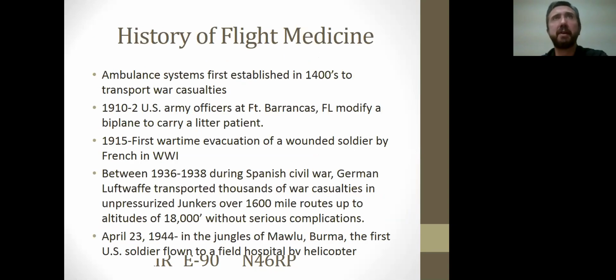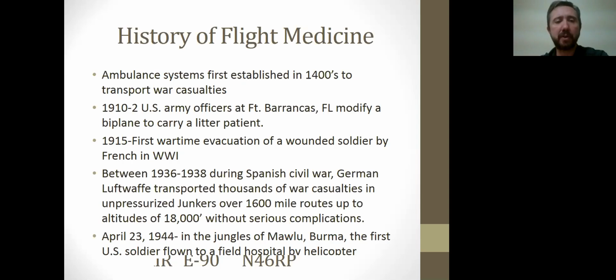Now, with the history of flight medicine, it's very interesting how the humble beginnings began with all this. Of course, the ambulance systems were first established in the 1400s to transport war casualties. And then in 1910, U.S. Army officers at Fort Rankins, Florida, modified a biplane to carry a litter patient. Then in World War I in 1915 was the evacuation of the first wounded soldier.